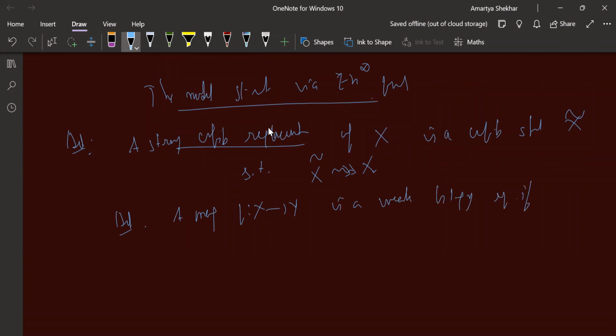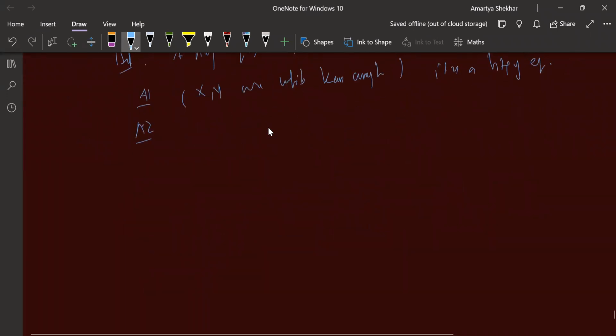A map from X to Y is a weak homotopy equivalence in the following cases. The first case, A1: X and Y are cofibrant Kan complexes, and then it's a homotopy equivalence. A2: X and Y are just Kan complexes.